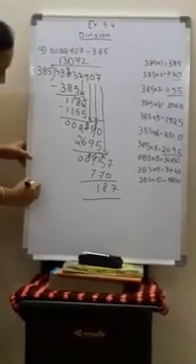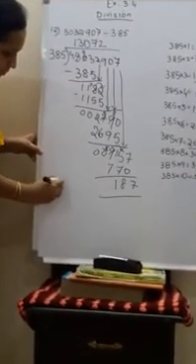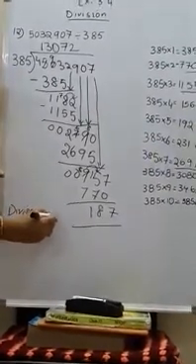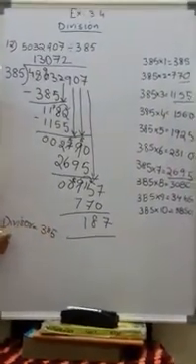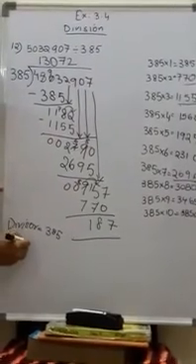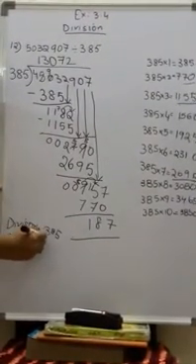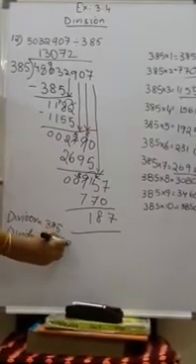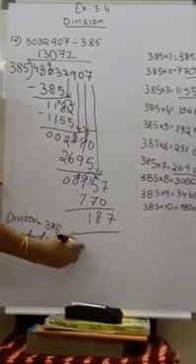So here the divisor is equal to 385. The dividend is equal to 5032907.